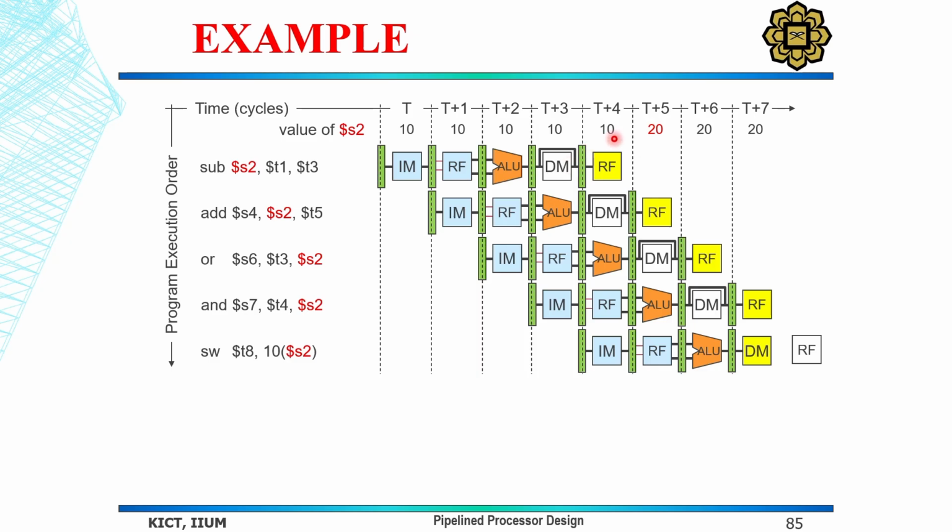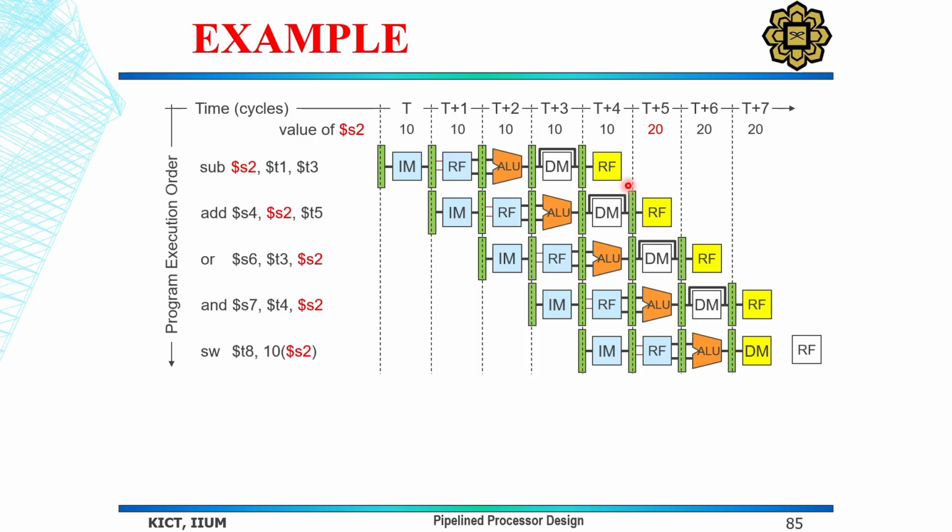So the result of the sub instruction is needed by the add, or, and store word instructions. The and and or instructions will read the old values of $S2 from the register file, not the new value obtained from the subtract instruction. During T plus 4, $S2 is written at the end of the cycle, so the old value is read.